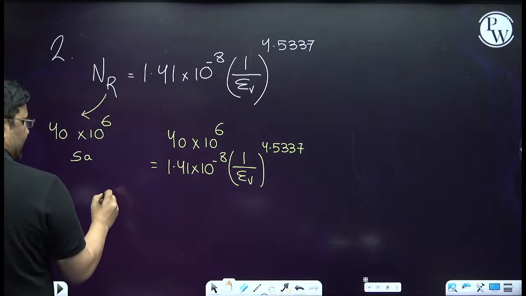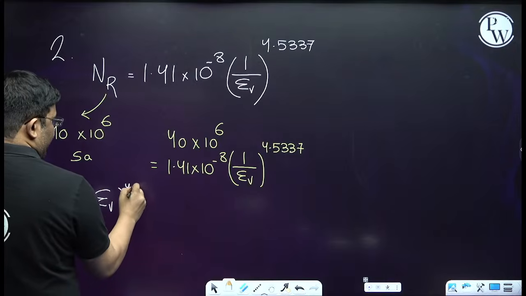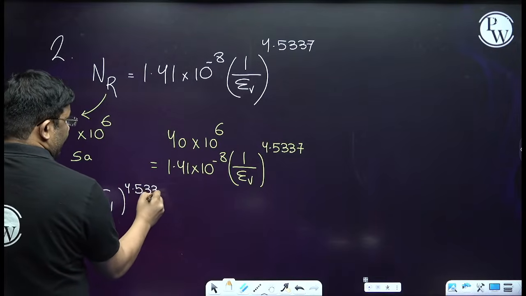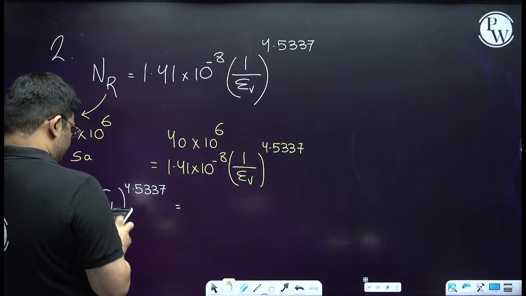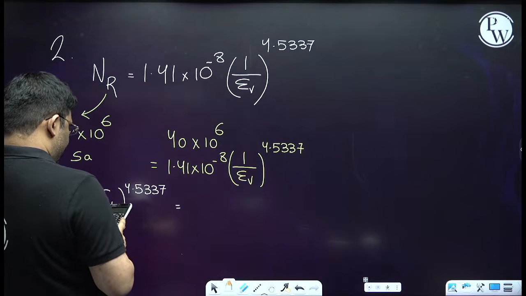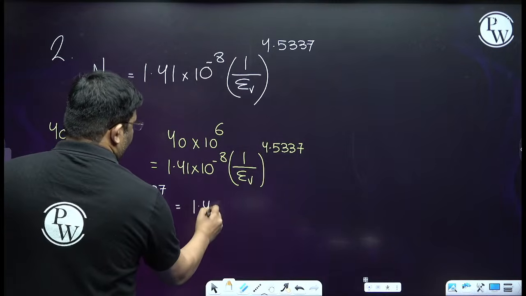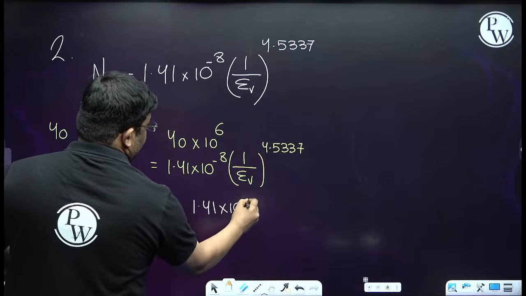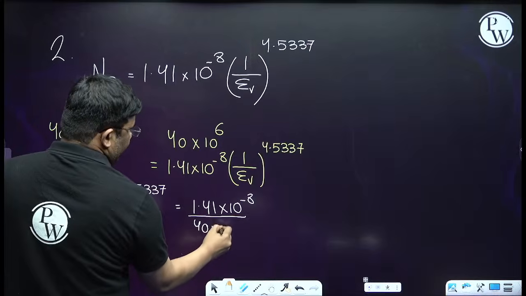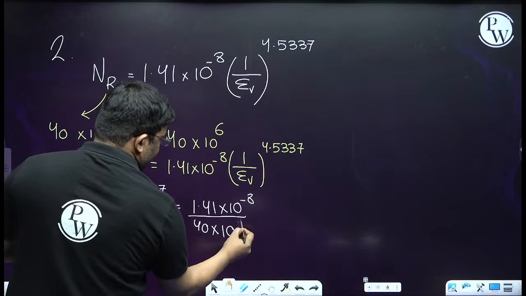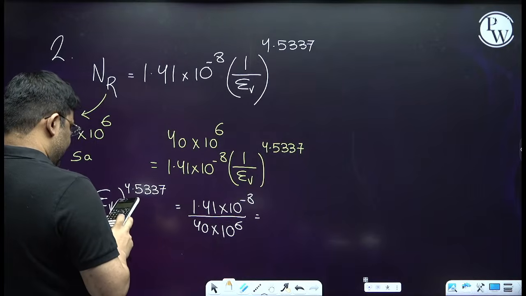This becomes vertical strain to the power 4.5337 equal to 1.41 into 10 to the power minus 8, and I'll bring this 40 down, so this will be divided by 40 into 10 to the power 6. This equation will change to 1.41 divided by 40.